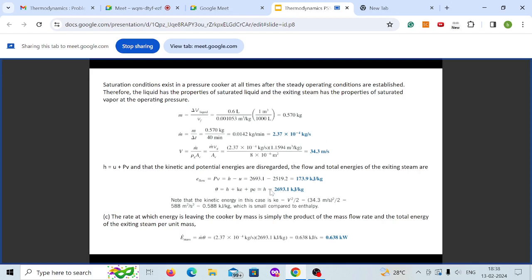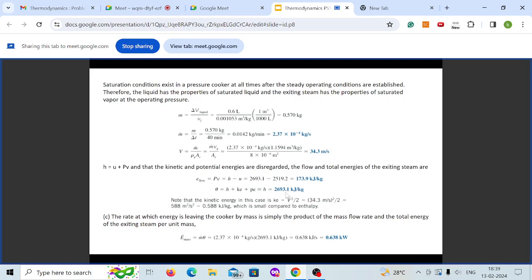So we will not multiply by mass, because it's asked per unit mass. Per unit mass is specific enthalpy or specific flow energy. So this total energy which is going out will be equal to the enthalpy, which is 2693.1 kilojoule per kg.